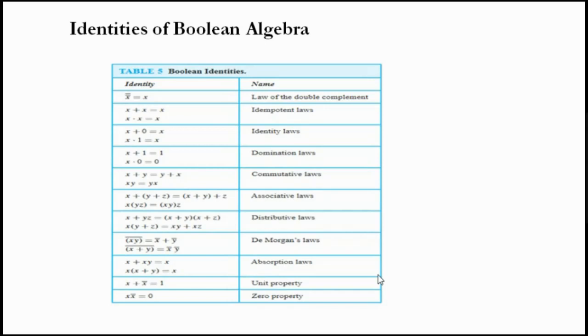Next are identity law, domination law, commutative law, associative law, distributive law, and De Morgan's law. De Morgan's law is popularly used in minimizing expressions, so you must remember it: xy whole dash is equal to x dash plus y dash, or x plus y whole dash is equal to x dash into y dash. Next are the unit property, zero property, and absorption law. You are supposed to mention which law you are using to reduce the statement.